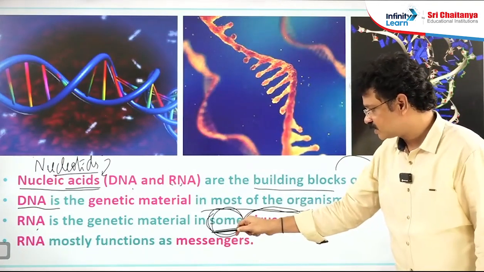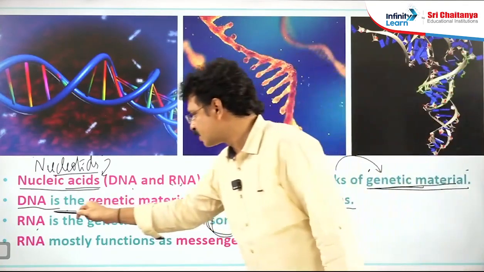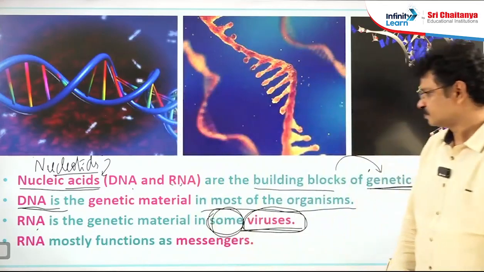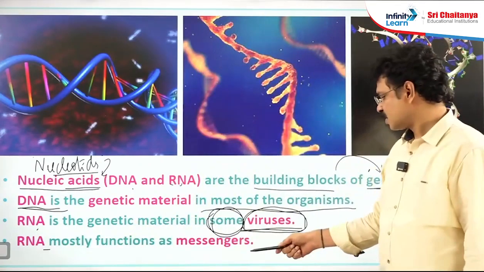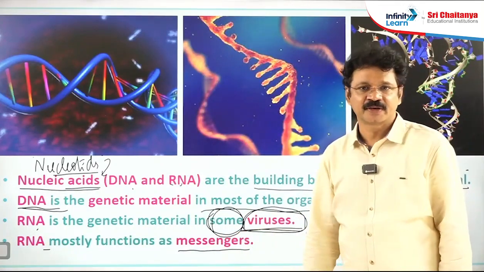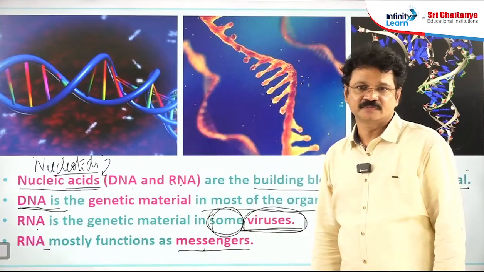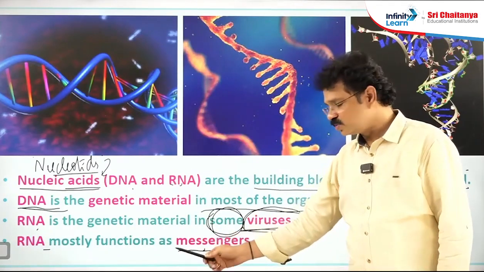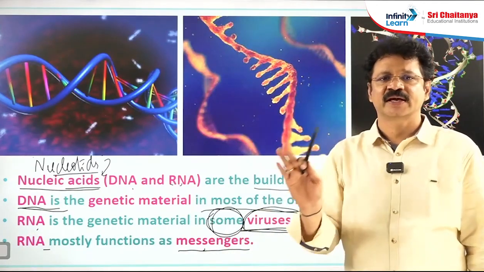Except some viruses, in every other living thing in this universe, the genetic material is DNA. But the most common function of RNA is carrying the genetic message from DNA to required places. It is the messenger, hence RNA is called the messenger. It is not a true genetic material; RNA acts just as an information carrier.